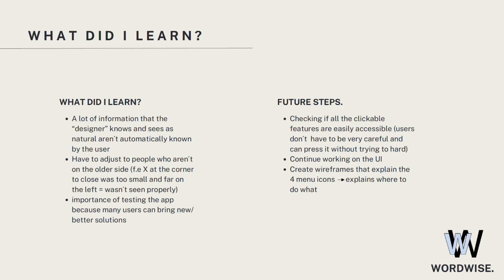This is something I noticed by conducting one interview where the interviewee wasn't able to see the X to close the picture of the onboarding. And of course, the app should be for all ages. And lastly, the importance of testing the prototype, because this could bring new or even better ideas or solutions.